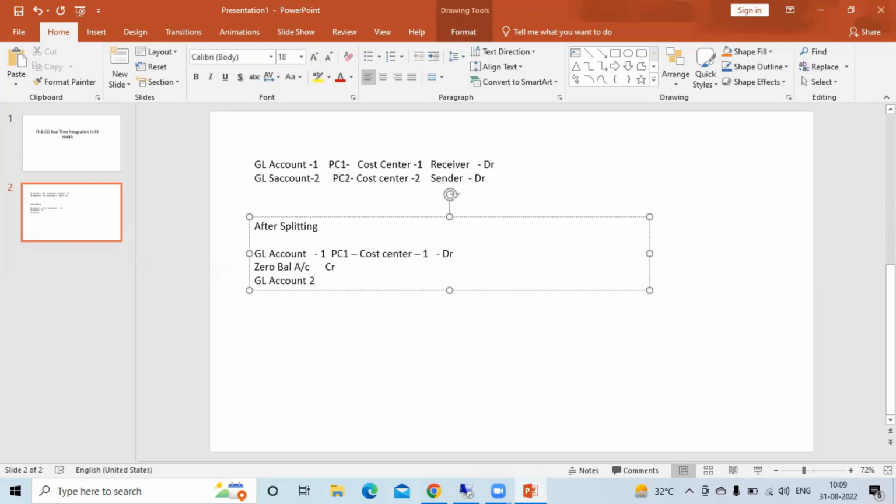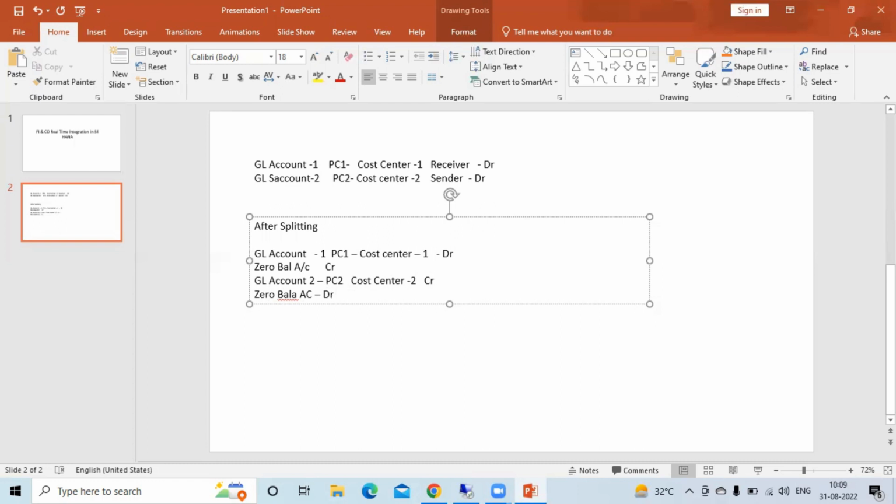Then GL account 2, profit center 2, cost center 2, and the zero balance clearing account, which is going to debit.